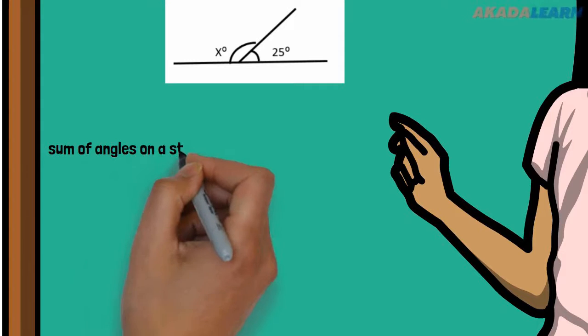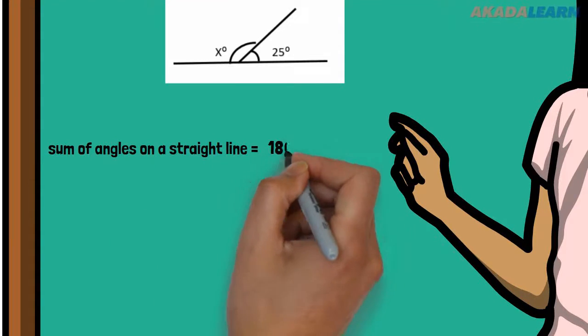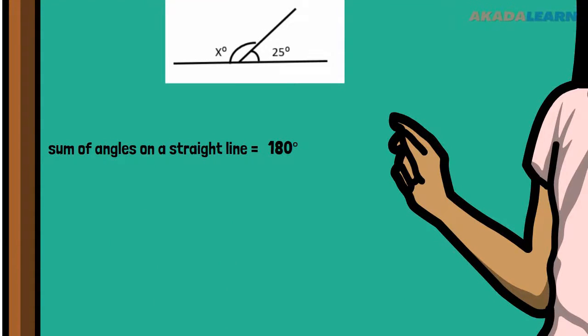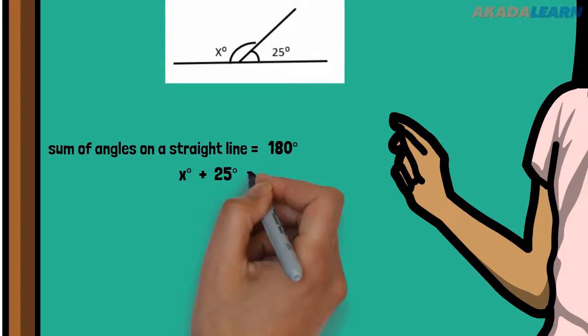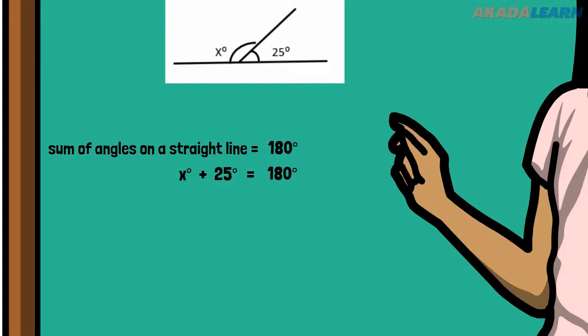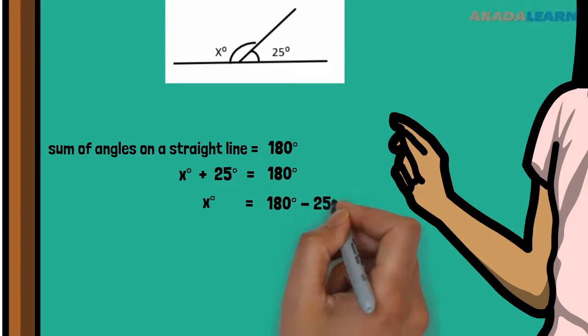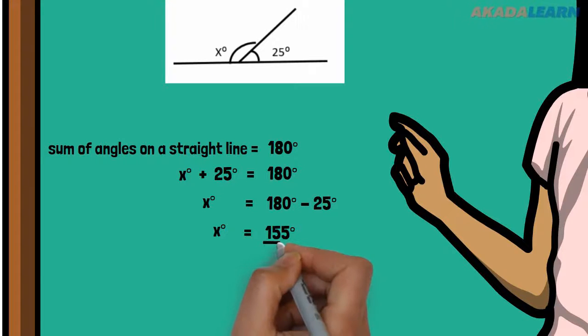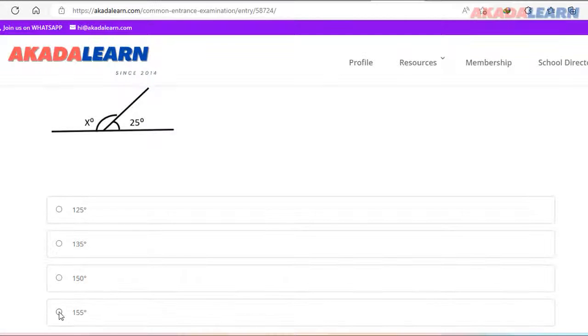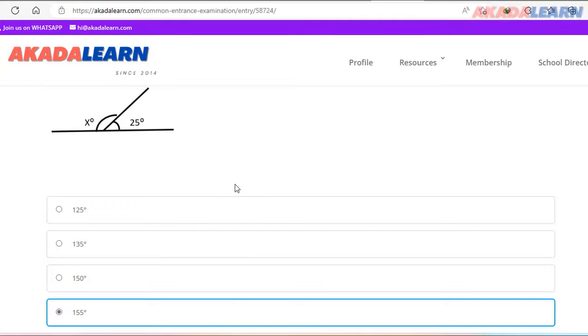The sum of angles on a straight line is always 180 degrees. So therefore x plus 25 degrees is equal to 180 degrees. So x is equal to 180 degrees minus 25 degrees. x is therefore equal to 155 degrees, which is your final answer. So from our video we can see the answer is 155 degrees.